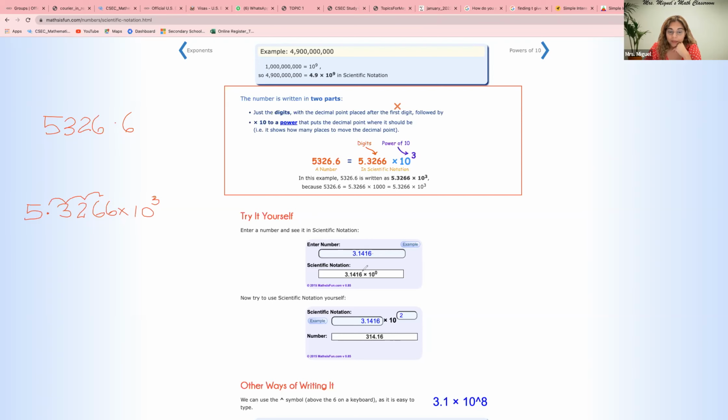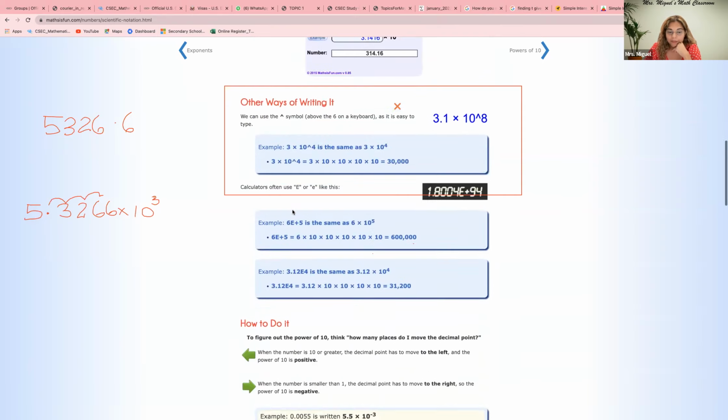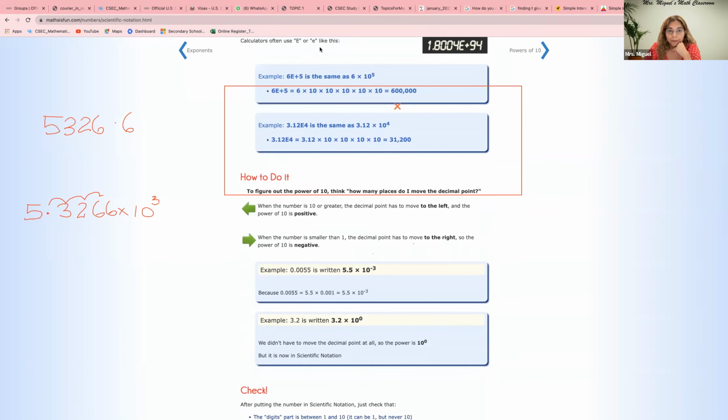So I have this number here now. This is 0.0055. We are approximating this to standard form.